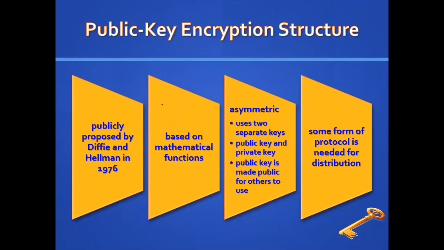So public key encryption structure. So a little bit about the history as we are actually moving into RSA. And RSA is the classic algorithm for asymmetric encryption. So we're going to take a look at that one. We're not going to do mathematical proofs of the algorithm or anything even close to that.